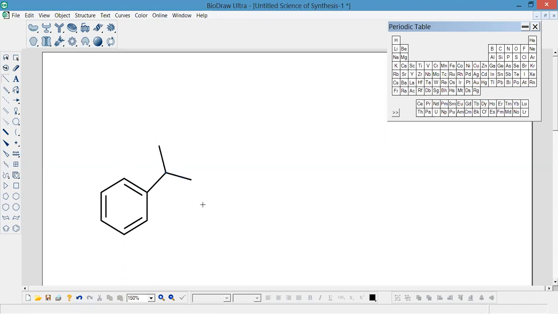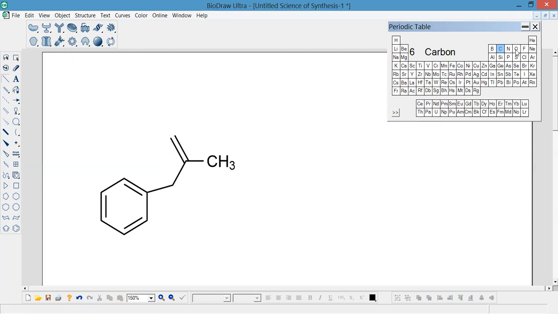Here is the structure of acetanilide. Now put the proper items, like this is the acetyl group.